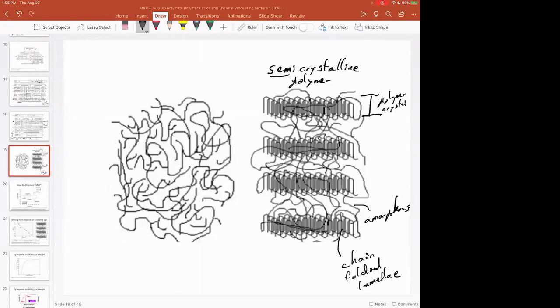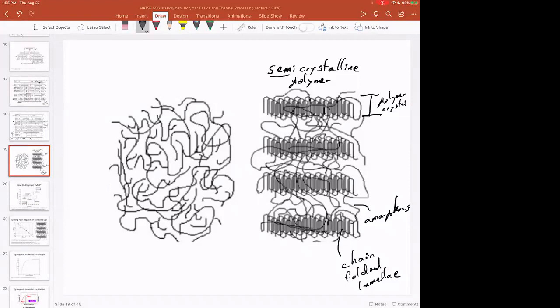And so the amorphous part of a semicrystalline polymer is in between the crystals. The one big difference between polymers and all the other materials is that there's no such thing as a 100% crystalline polymer. Even single crystal polymers have enough defects and chain folds that there's still a small amorphous fraction.